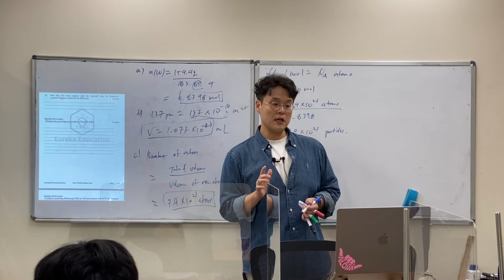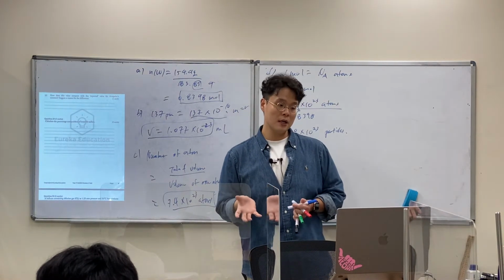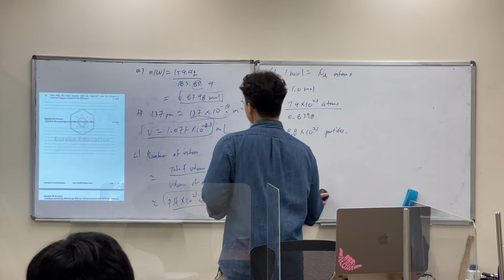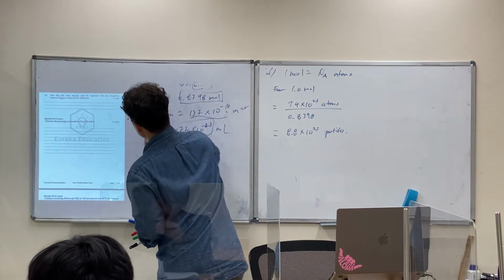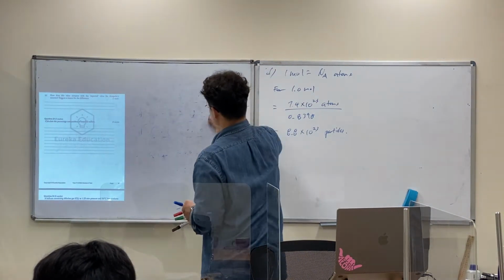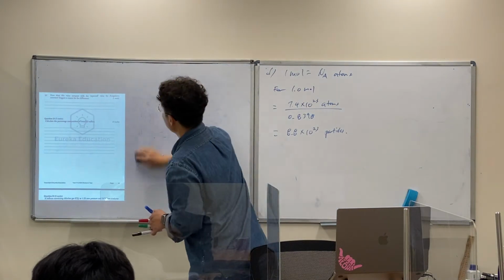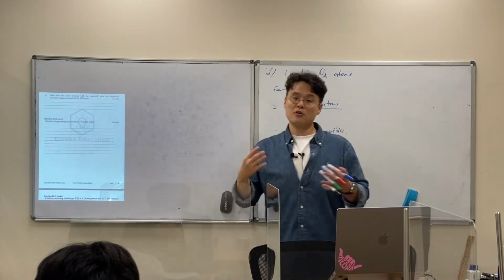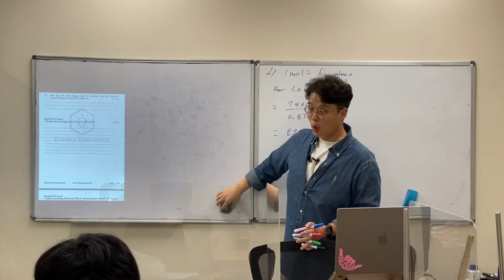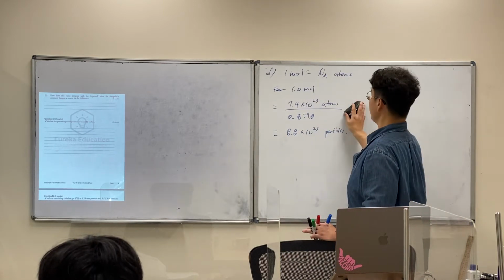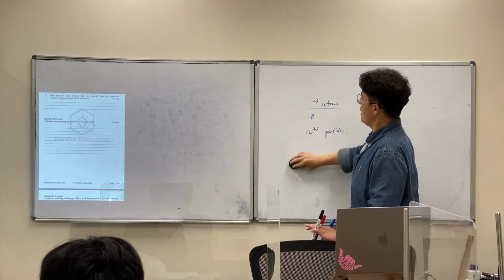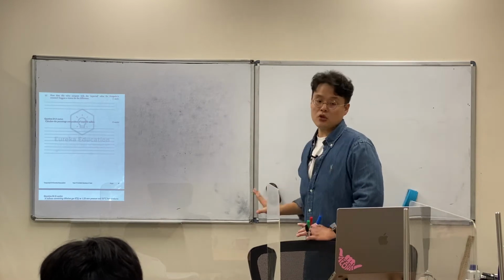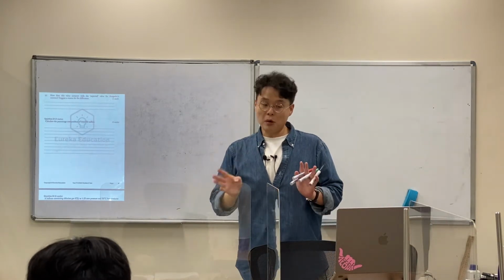There are two methods. One method is you assume there's 100 grams and find the number of moles, hence you can find the percentage. The second method is you simply use the molar mass. This is probably the simplest way.